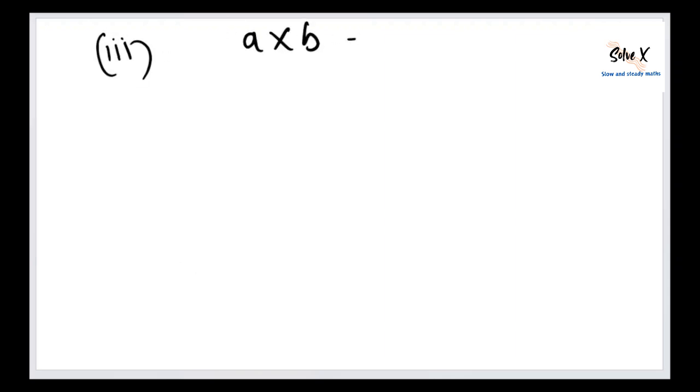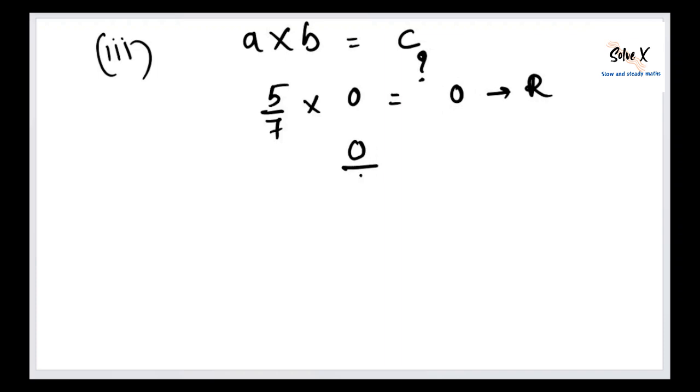Now we'll check for multiplication. A into B is equal to C, where A is a rational number, B is also a rational number. I have to check whether C will also be a rational number. 5 by 7 into 0 is equal to 0, also a rational number. Why do I say 0 is a rational number? 0 can be written as 0 by 1 in the form of P by Q, where P is an integer, Q is an integer, and Q is not equal to 0.